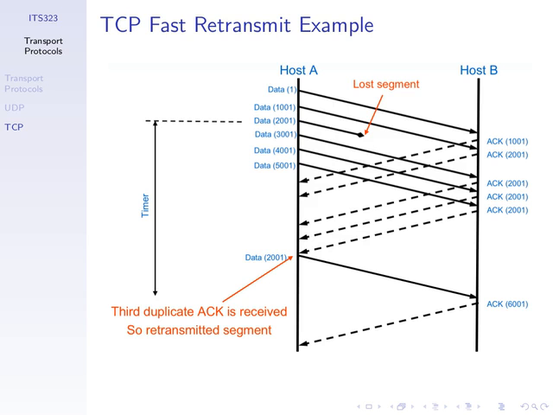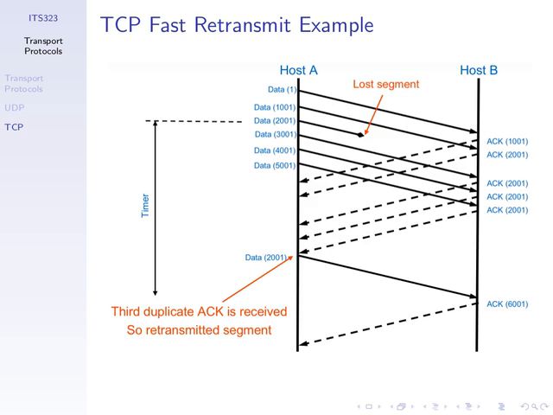Not 100% sure, but it gives us increased confidence. If we receive 4 or 5, even more confidence that it's lost. So 3 is the defined mechanism, the standard for every network. It's a reasonable trade-off between not waiting too long and being confident that it was lost. So we retransmit earlier and therefore can be more efficient.